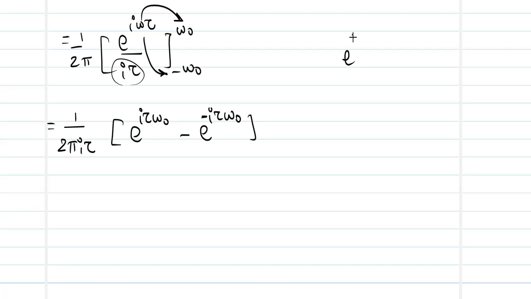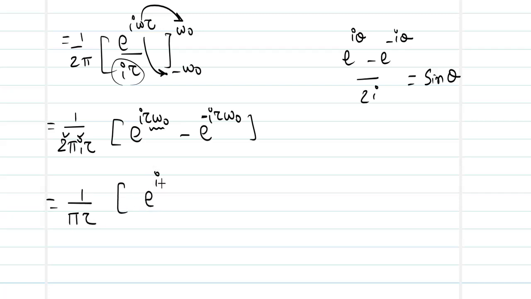What do we know about e power i theta minus e power minus i theta? If we divide by 2i, I can replace and write this as sine theta. Now what is in place of theta? Tau omega naught. So let me bring this 2 and i inside, and I will be left with pi and tau outside. So you have e power i tau omega naught minus e power minus i tau omega naught divided by 2i.